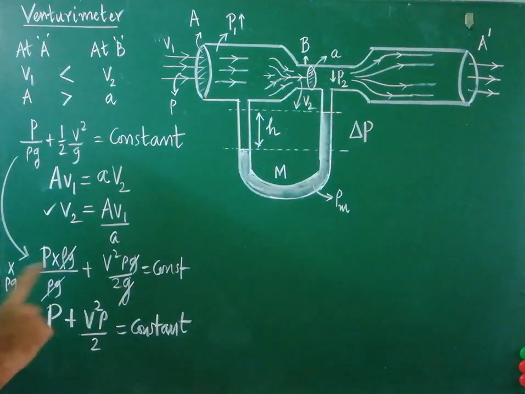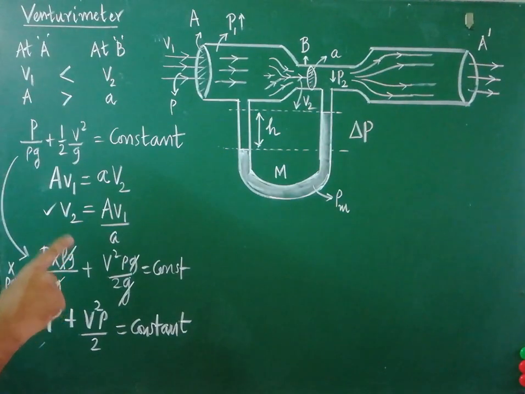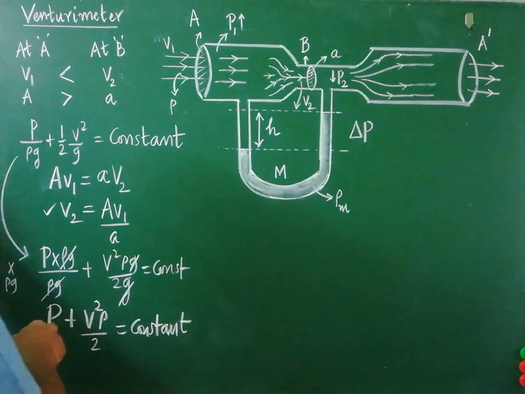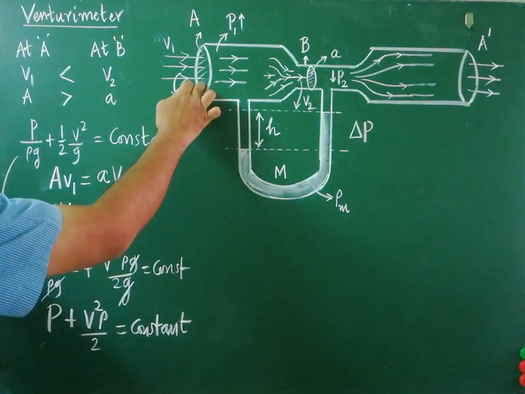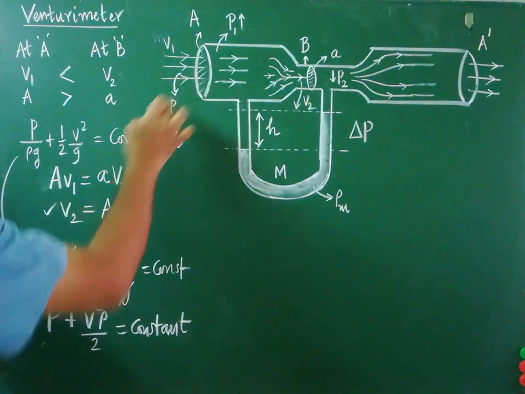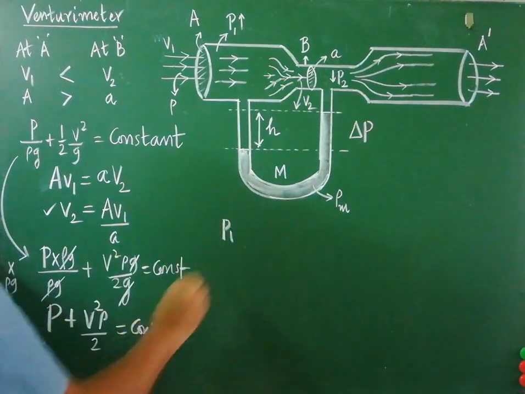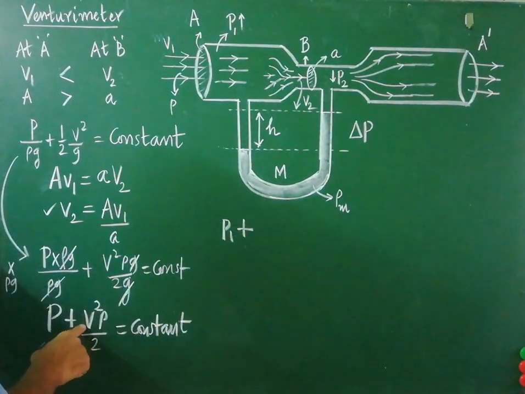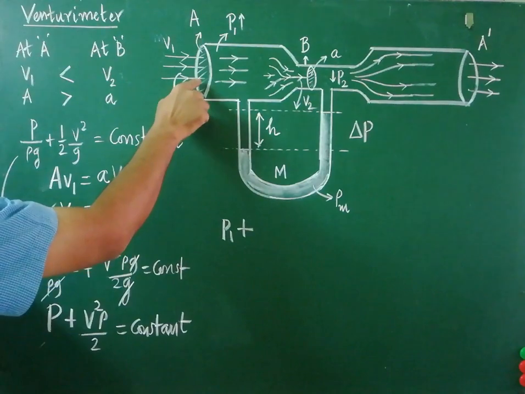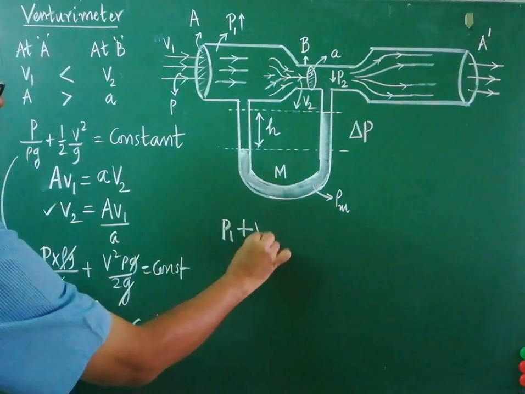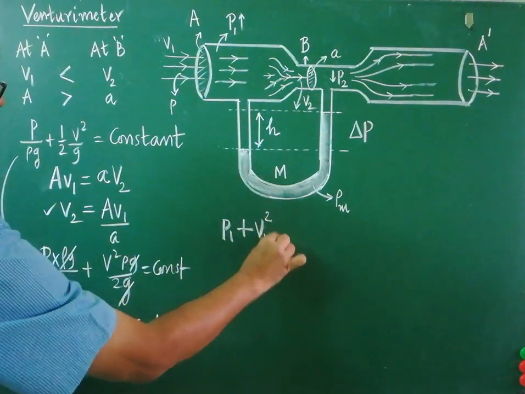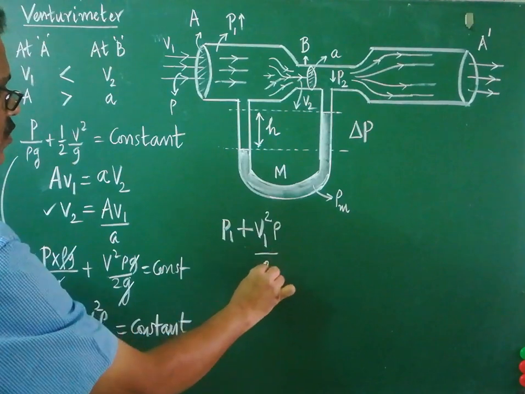Is it clear? I am going to write two equations. One equation to be written for end A and the next equation for end B. How will you write? I will write it here now. What is the pressure here? The pressure at the end A can be taken as P1 plus, what is v? The velocity of the liquid at the end A, which can be written as V1 square rho divided by 2.